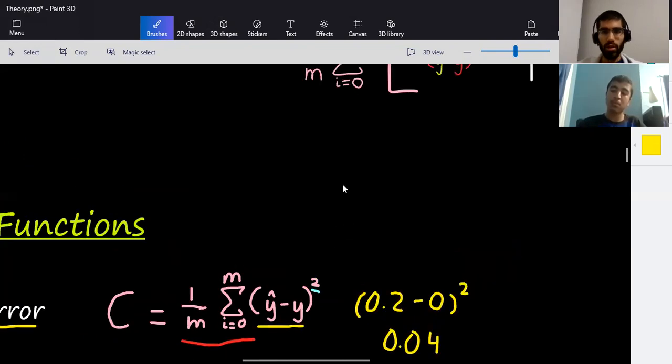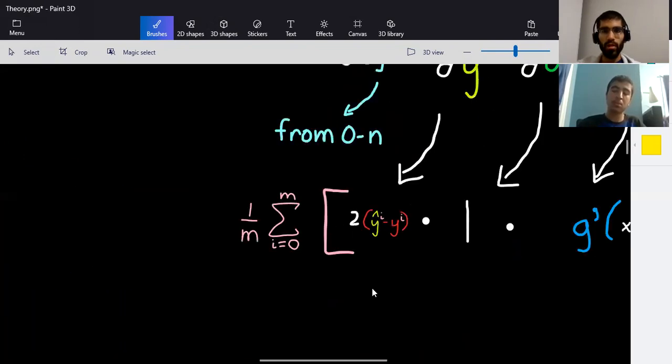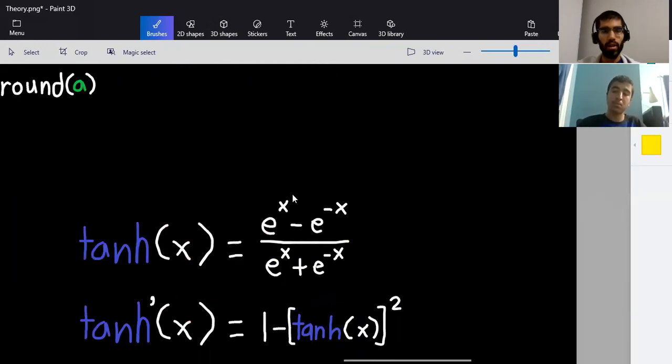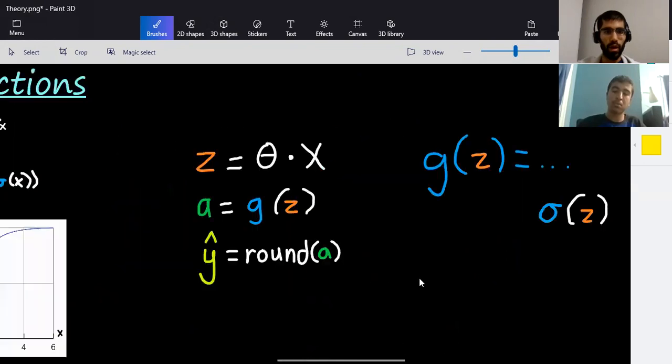Another note that I want to tell you is in these equations up here, I often say that y hat is the rounded version of the activation. And that's true, right? If you get an activation of 0.2 here, then your algorithm is going to predict 0 as y hat.